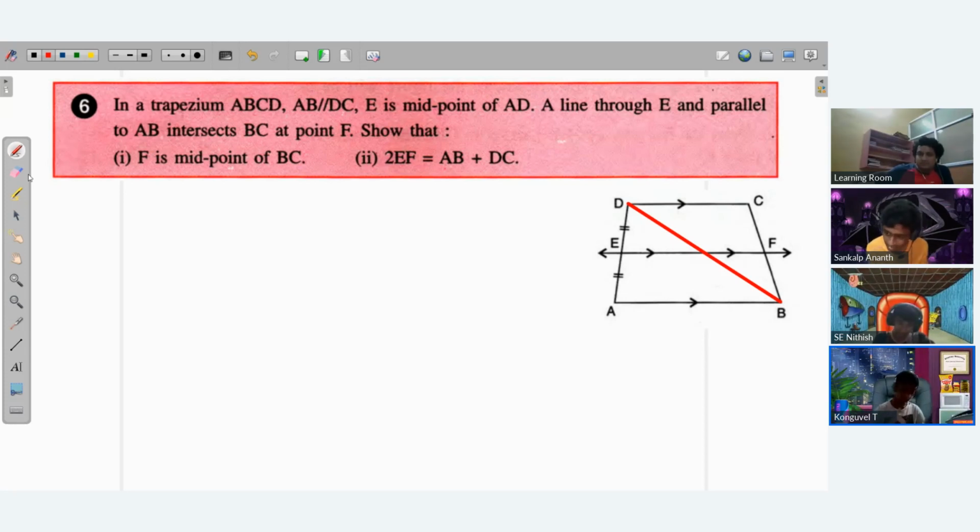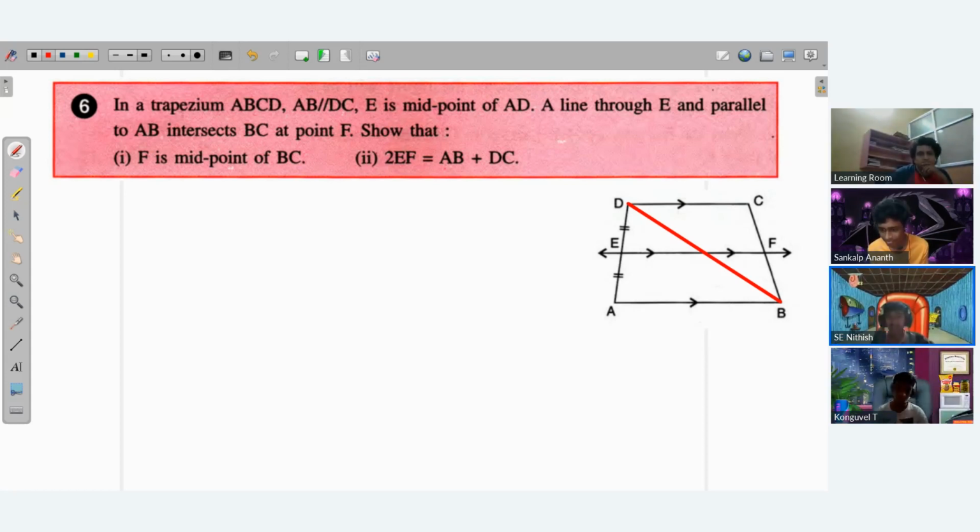So is congruency involved, sir? No. I made this triangle and this triangle congruent, sir. So I have a doubt, sir.